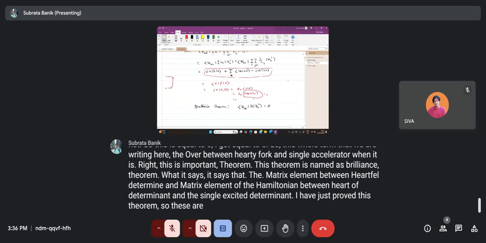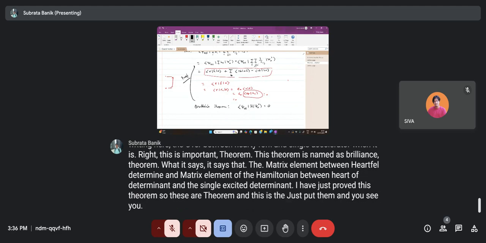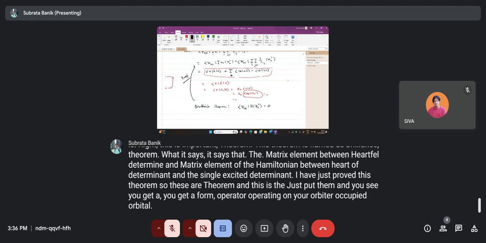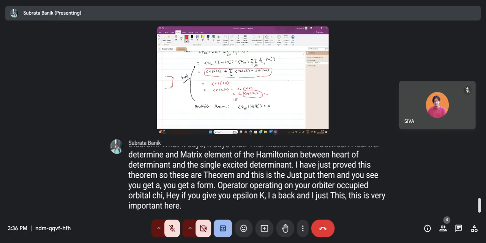So this is the theorem and this is the proof. You just put them in and you get a Fock operator operating on the occupied orbital chi A, which gives you epsilon A chi A back, and chi A and chi R are orthogonal, so you just get 0. This is a very important theorem called Brillouin's theorem.